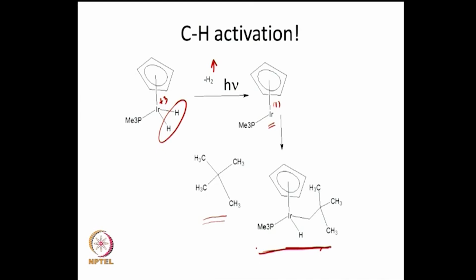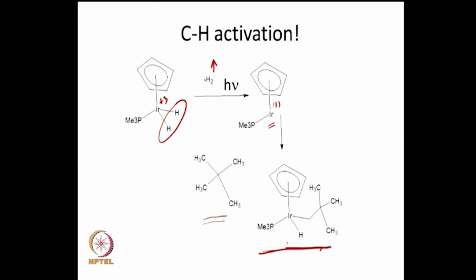Notice in these cases, a strong C-H bond is replaced by an iridium-H bond and an iridium-carbon bond. Many of these reactions can be carried out with 4d and 5d elements, but the reaction is not possible with 3d elements.